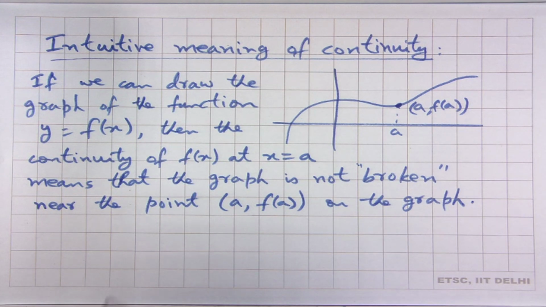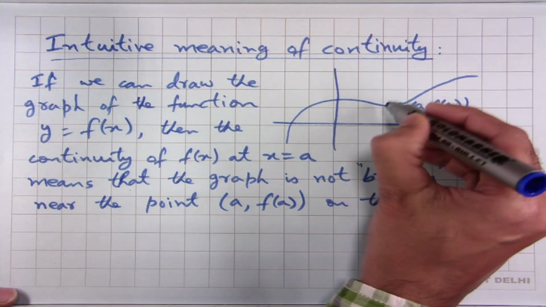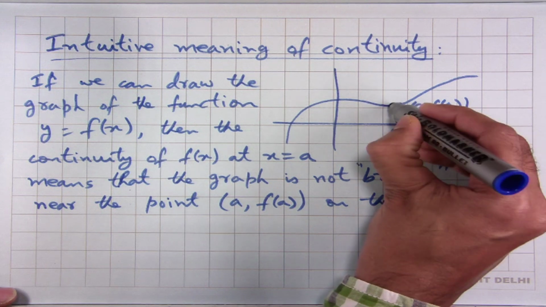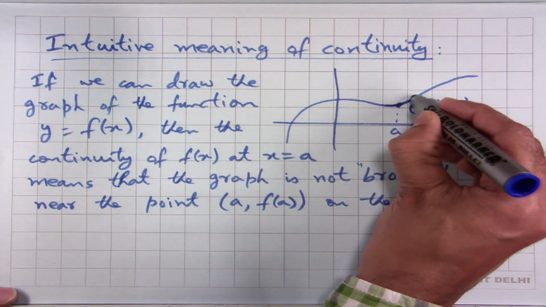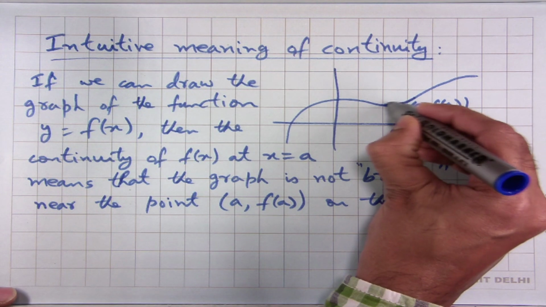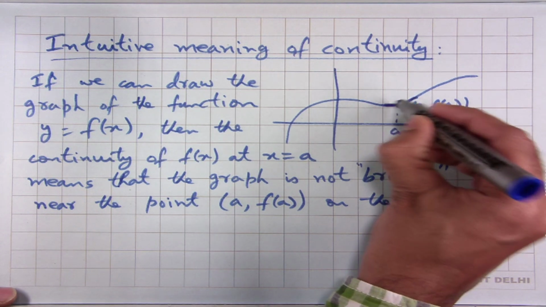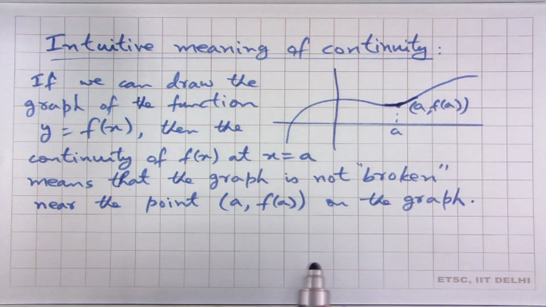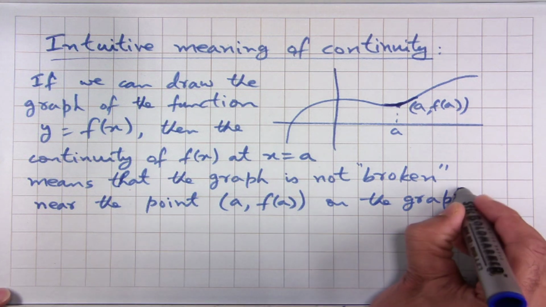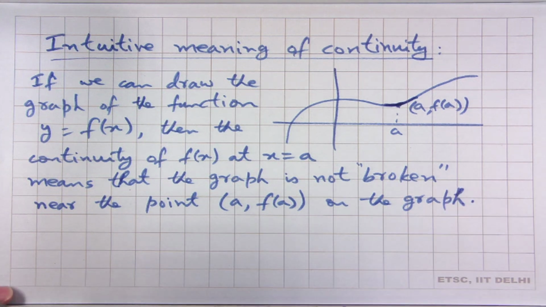Which means that you can draw the graph of this function near this point a comma f of a without having to lift your pen. But we will see that this intuitive definition is not enough to make rigorous sense of continuity.